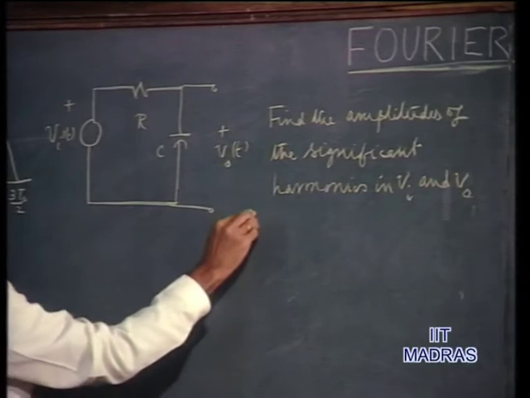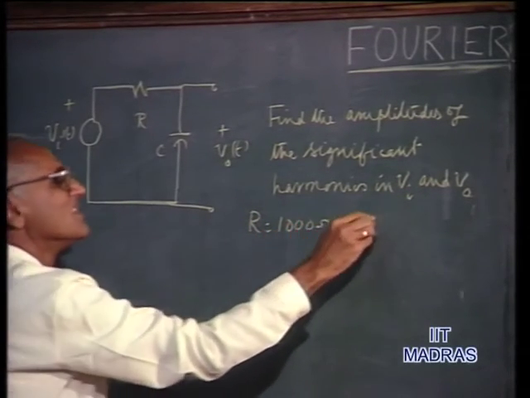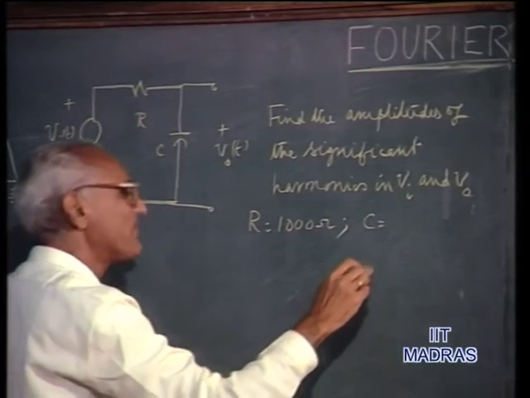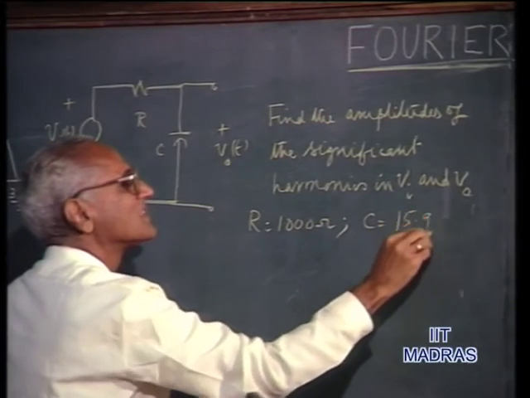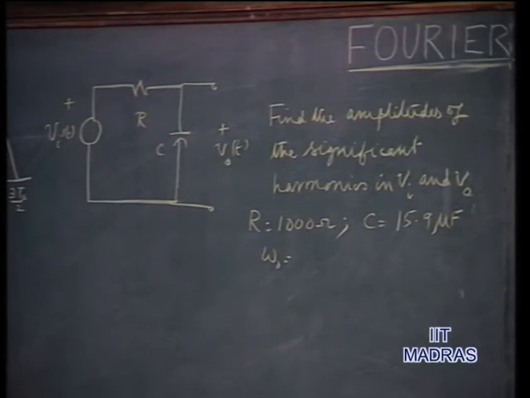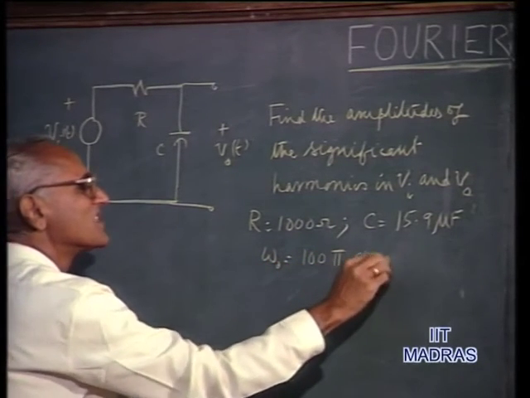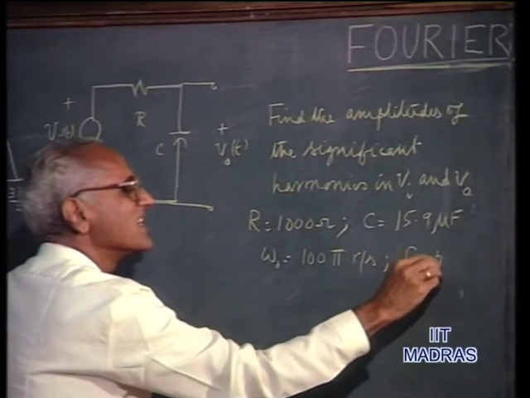The data that is given: R, let us say, is 1000 ohms, C is 15.9 microfarads, and omega naught corresponding to this period T naught is 100 pi radians per second, which means the fundamental frequency is 50 hertz.